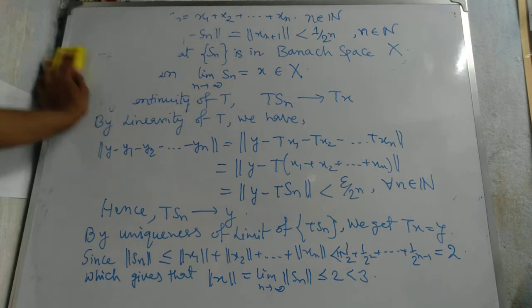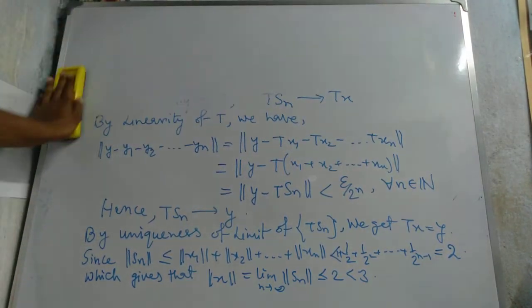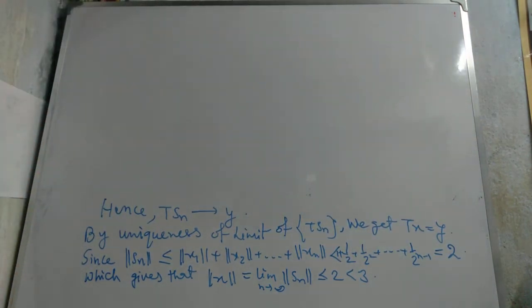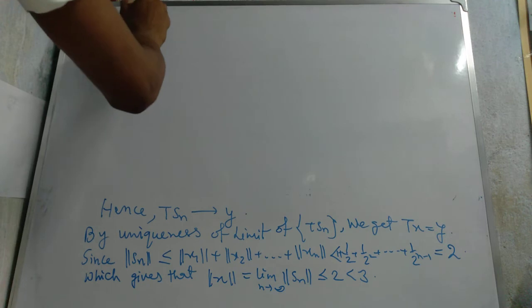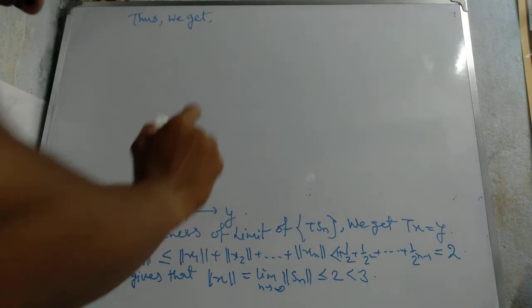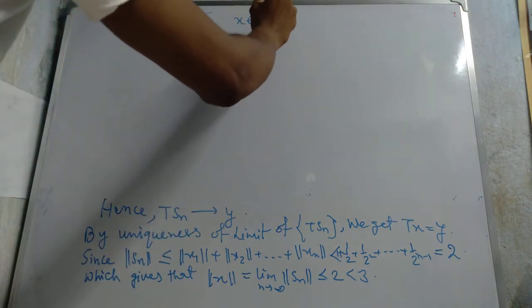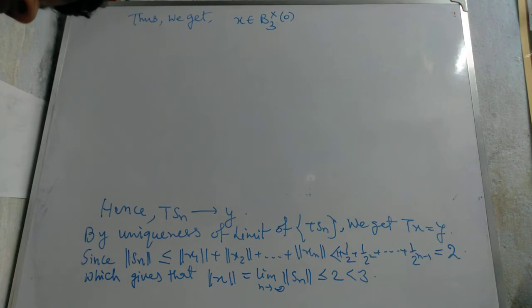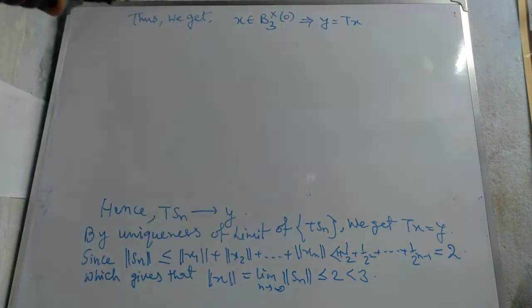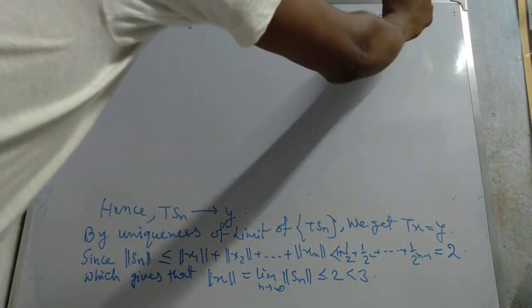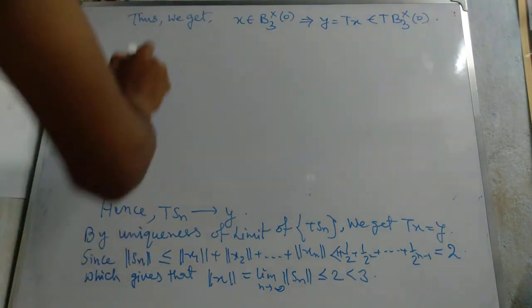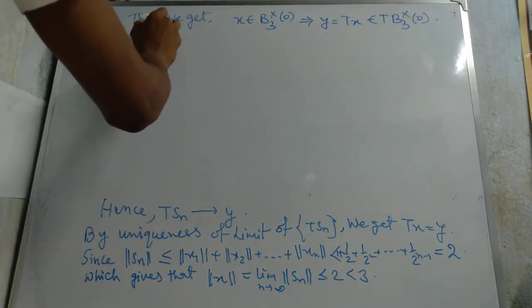Thus we get x belongs to B_3(x0). This implies that y equals Tx belongs to T(B_3(x0)).